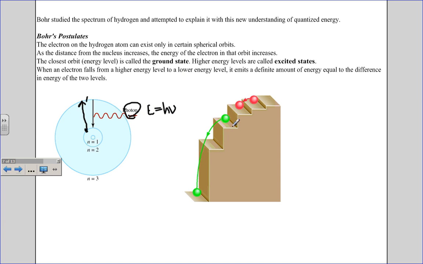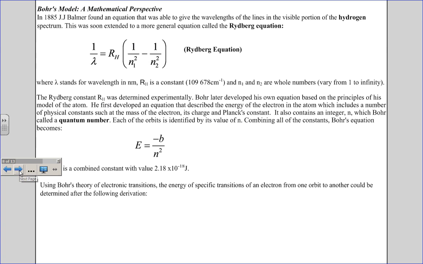And this staircase model is meant to help you to understand the fact that the amount of energy that's released is very specific. There's no in between. This green ball can't fall to this point here. It can only fall down one step or down both of these steps, but there's no in between. And that's why these amounts of energy are said to be quantized or have specific quantities.